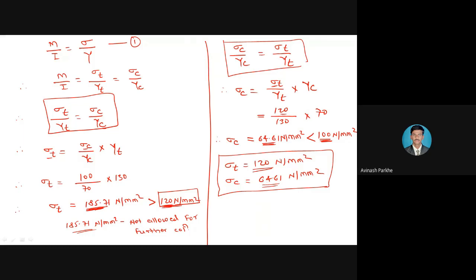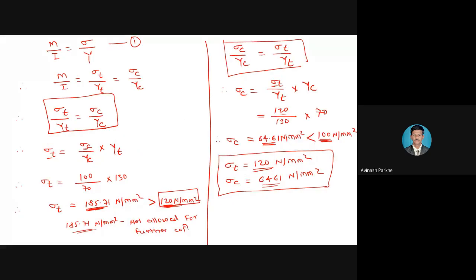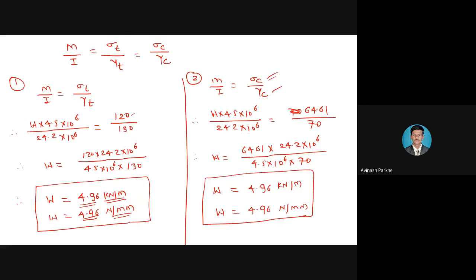If I take this 100 Newton per mm square for further calculation, my W will be different, which means the beam is not safe. But here, the safe value means by both combinations my answer is same. So this W is equal to 4.96 kilonewton per meter. This is the safe value of UDL, which is calculated from tensile stress and compressive stress also.